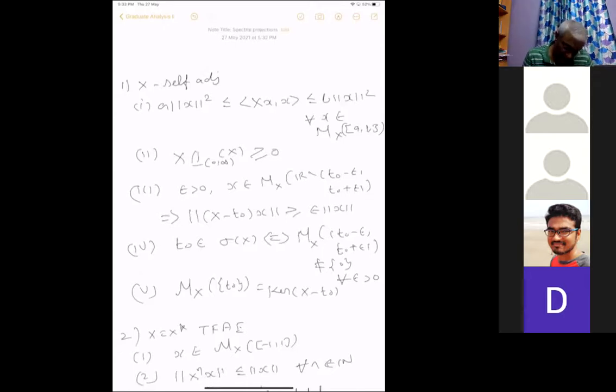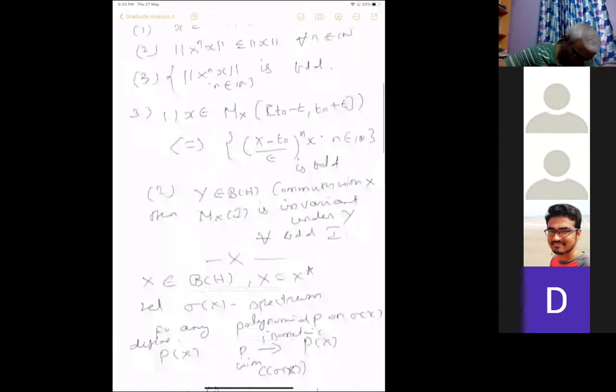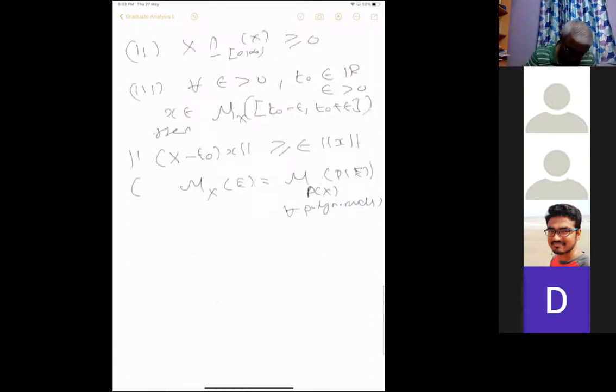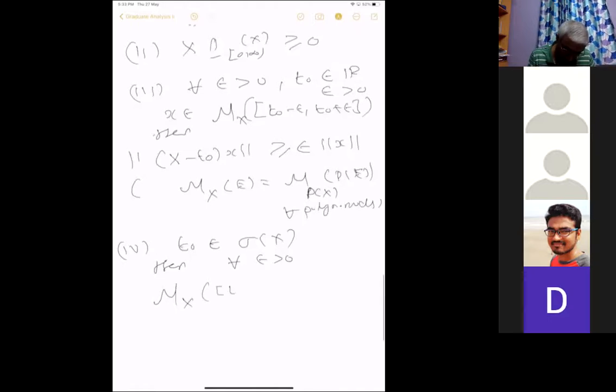And the third one is about the spectrum. If T0 is in the spectrum of X, then for all epsilon greater than 0, the spectral projection of the interval around T0, from T0 minus epsilon... I think it's open.